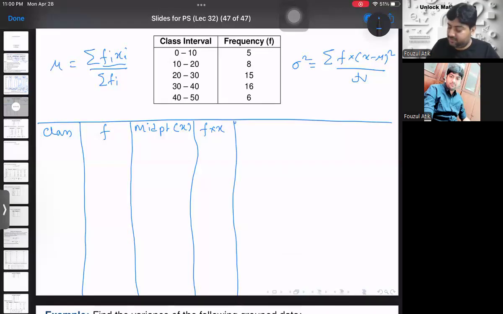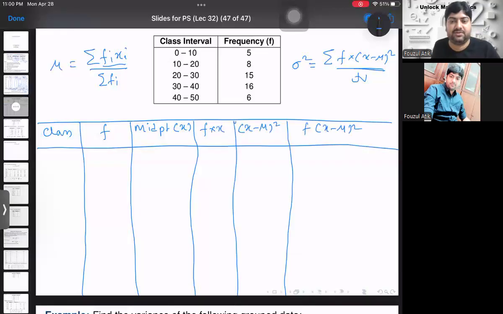Next is x minus mu whole square, you calculate that. And finally you calculate f times (x minus mu) whole square. Right? For each class interval, you have to find these values to get the mean and variance.